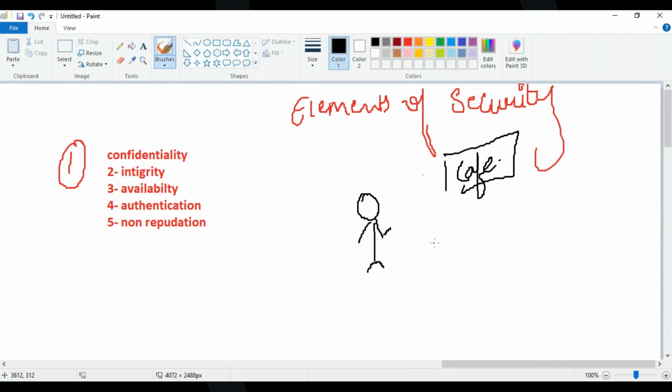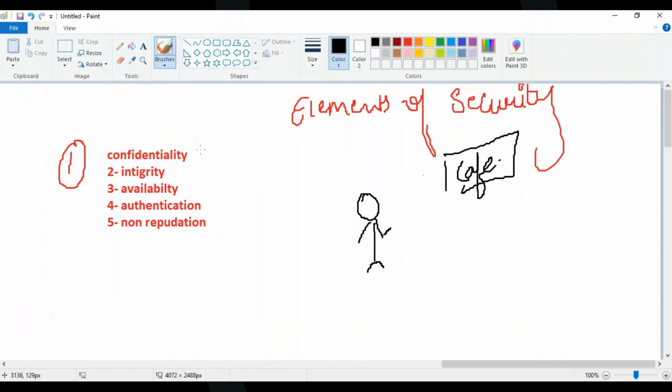Now you want everything to run smoothly, from keeping your secret coffee recipes safe, making sure your cash register shows the right amount, to being open whenever your customers come by. So in cybersecurity we have these main pillars.